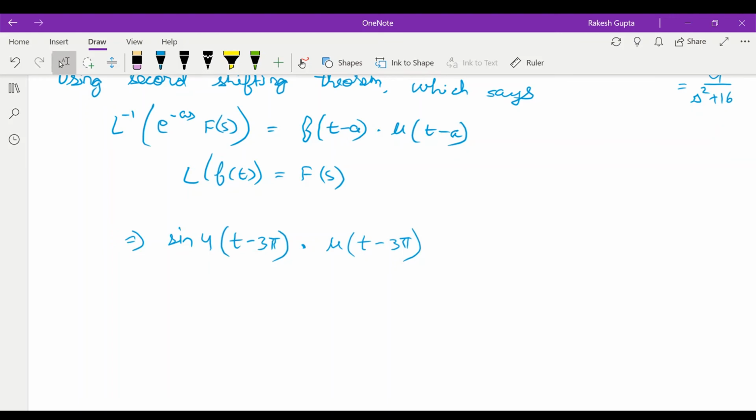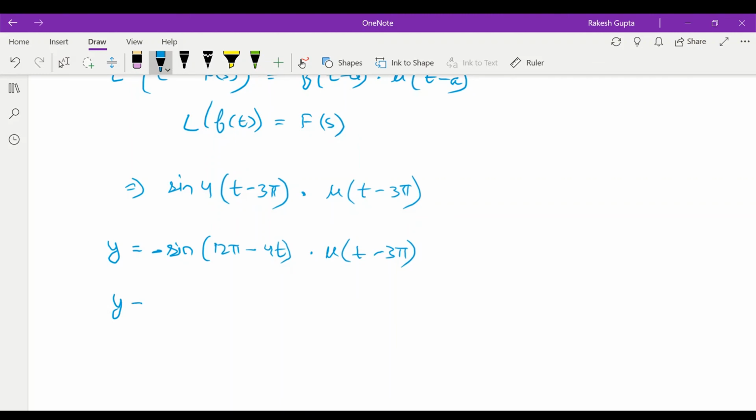So now our y is given by sine of 4 times t minus 3 pi, which is minus sine of 12 pi minus 4t, times u of t minus 3 pi.